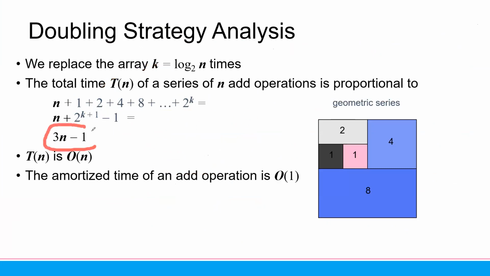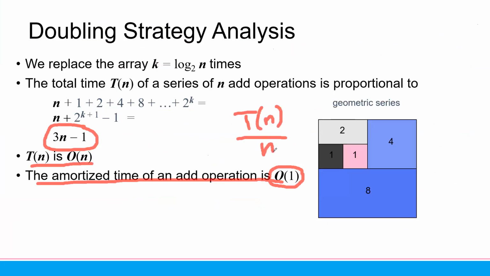At the end, we have 3n minus 1. So the Tn will be O(n). The amortized time of an add operation is O(1), because the amortized time is Tn divided by n. This is n divided by n, then it will be 1.